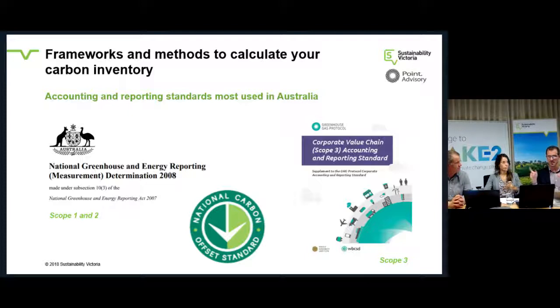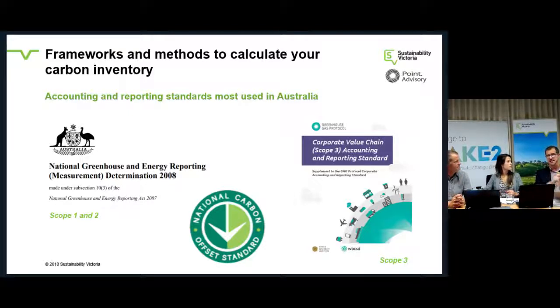Oh, and it's also just worth mentioning, there are several local governments within Australia that are NCOS certified. NCOS, the National Carbon Offset Standard, allows organisations to become carbon neutral certified. And there are a lot of local governments in Australia that actually have achieved NCOS certification. City of Melbourne, I know in Victoria has NCOS certification. City of Sydney has it.